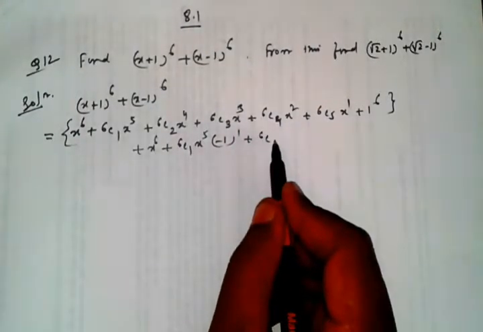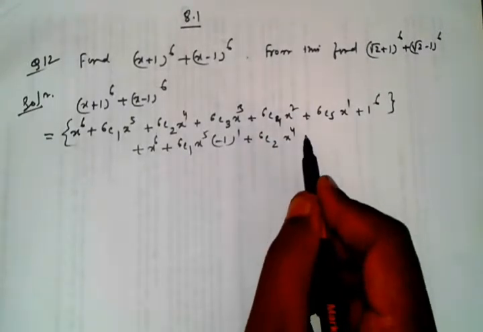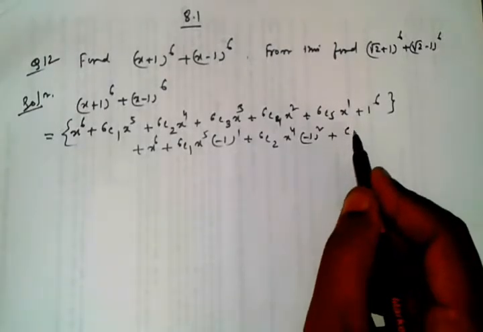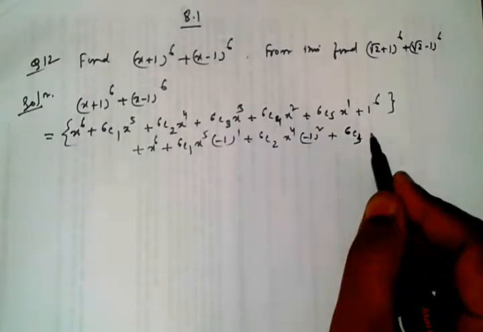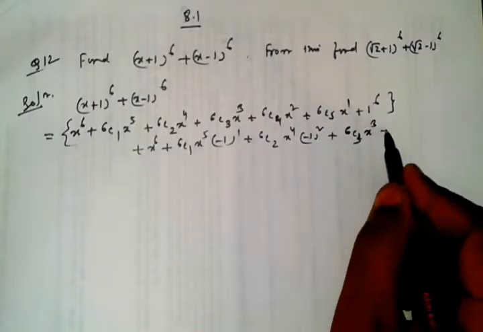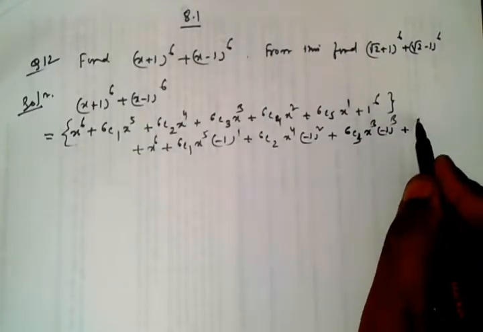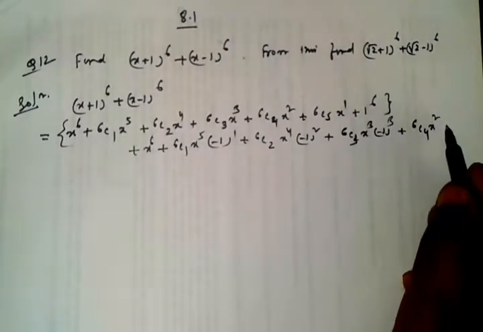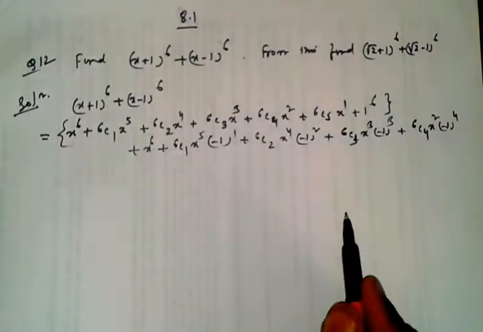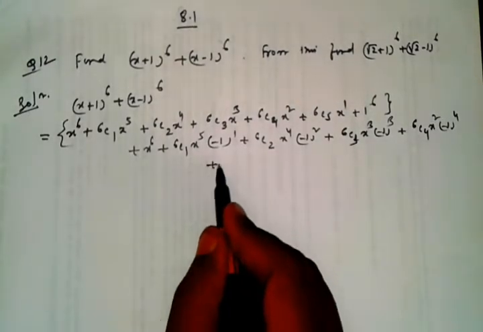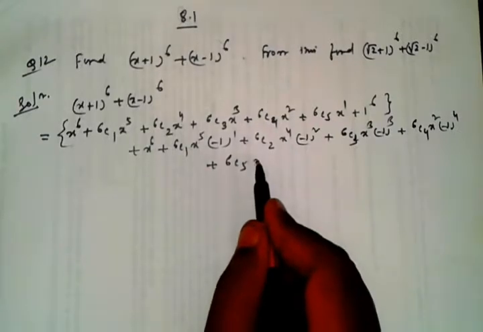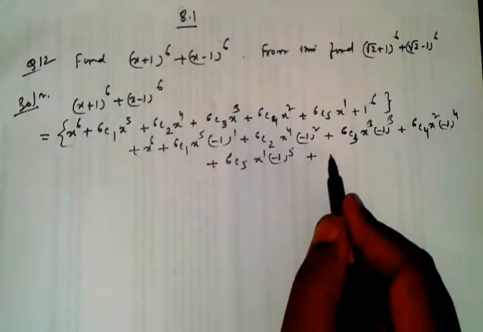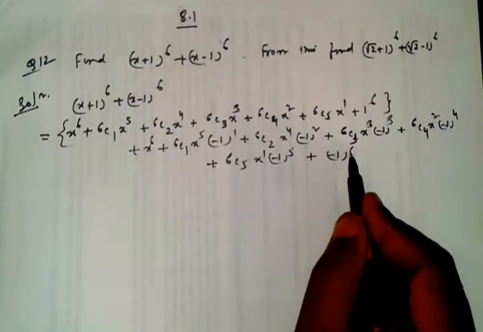Next 6C2 x to the power 4 into minus 1 squared. Then 6C3 x cubed into minus 1 cubed. 6C4 x squared into minus 1 to the power 4. 6C5 x into minus 1 to the power 5, and the last term is minus 1 to the power 6.